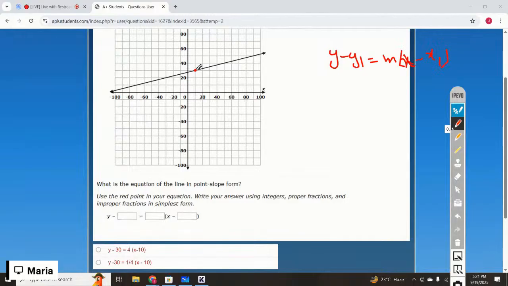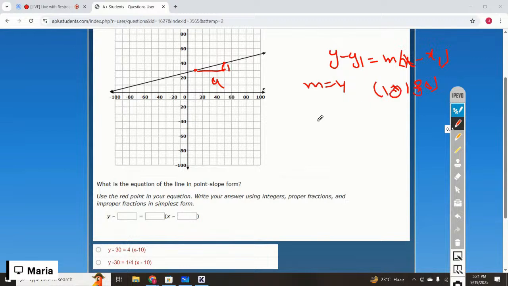Here is the point we have to use. First thing we need to find is slope. So let's just find the slope. The slope is 1 over 4, right? M equals 1 by 4. The point is x is 10, y is 30. So the point is 10 and 30.